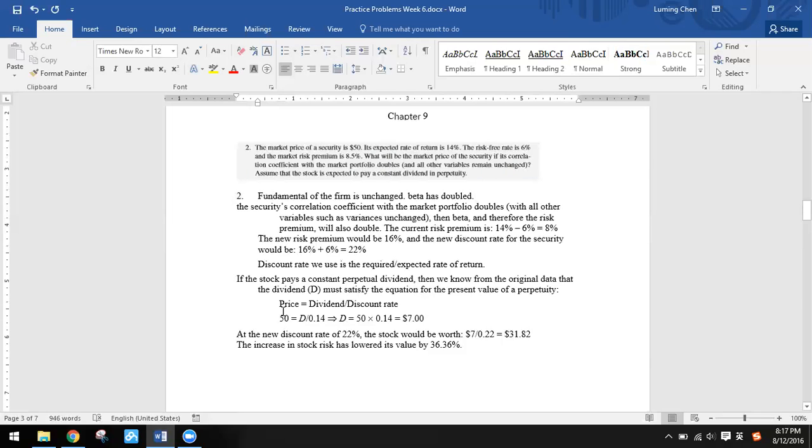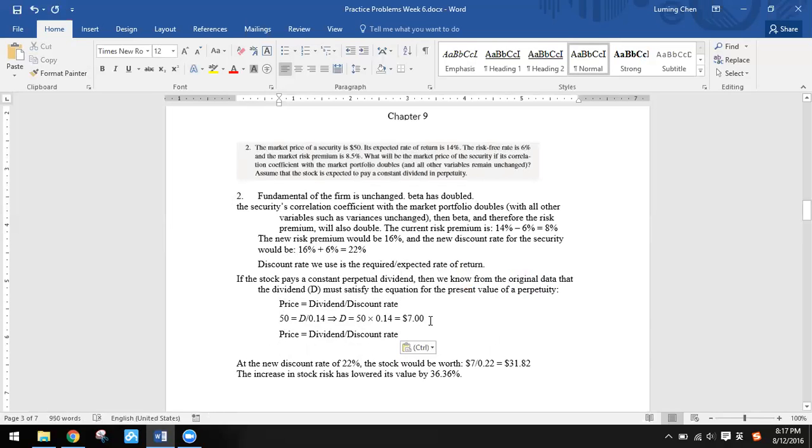And if we use the same formula, the constant dividend model, then it's $7 over the 22% discount rate. So the new stock price should be $31.82.